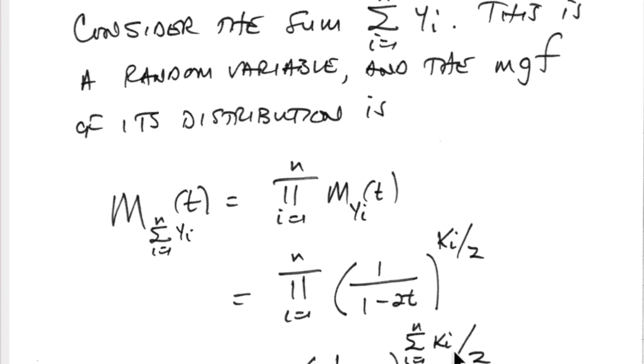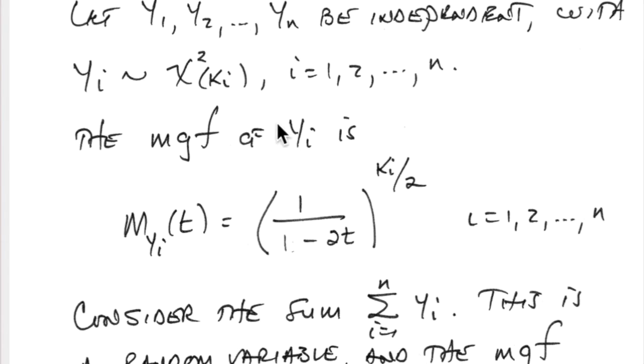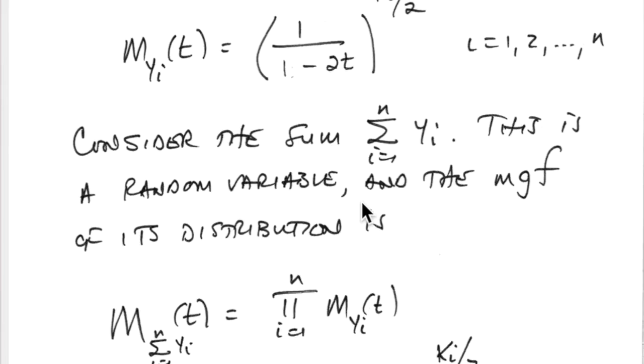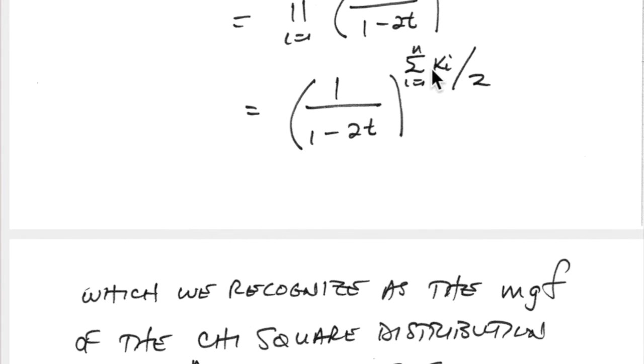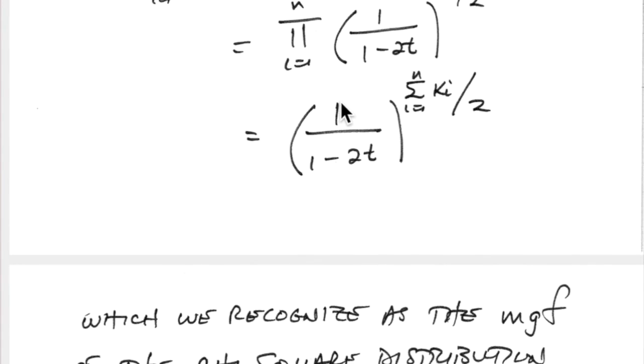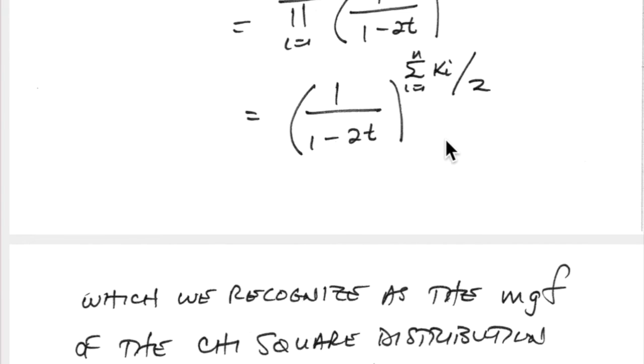Now, the sum of the k sub i's is the sum of the degrees of freedom associated with the individual random variables. By the way, we recognize this as the moment generating function of a chi-square distribution with degrees of freedom equal to the sum of the degrees of freedom of the individual random variables.